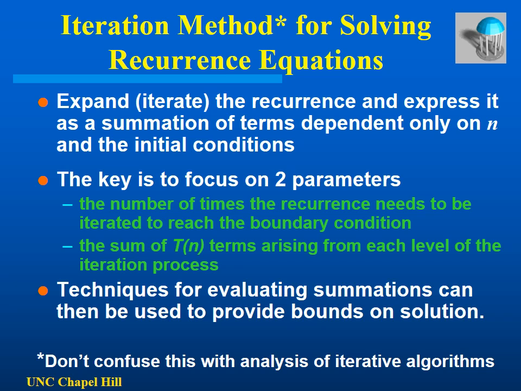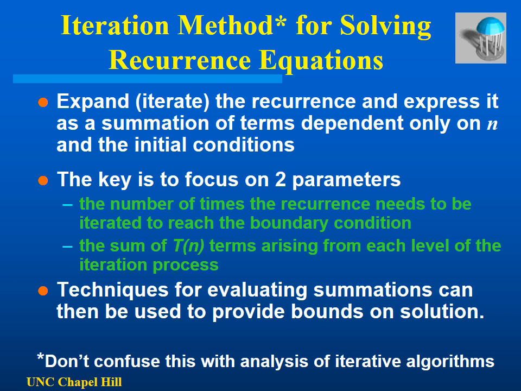So the key is to focus on how many times the recurrence needs to be iterated to reach the boundary condition. In merge sort, the boundary condition was the subfile size is 1. In other cases, the boundary condition is the subfile size is less than some constant.